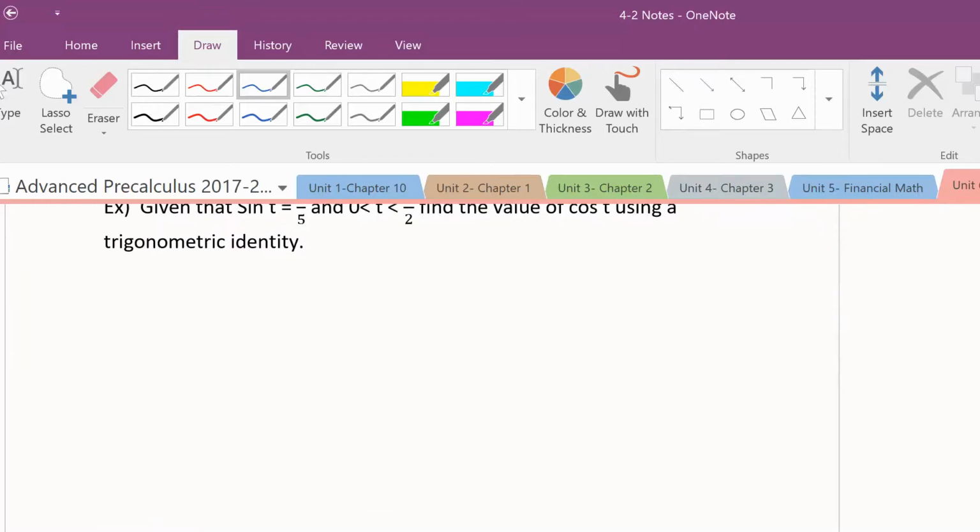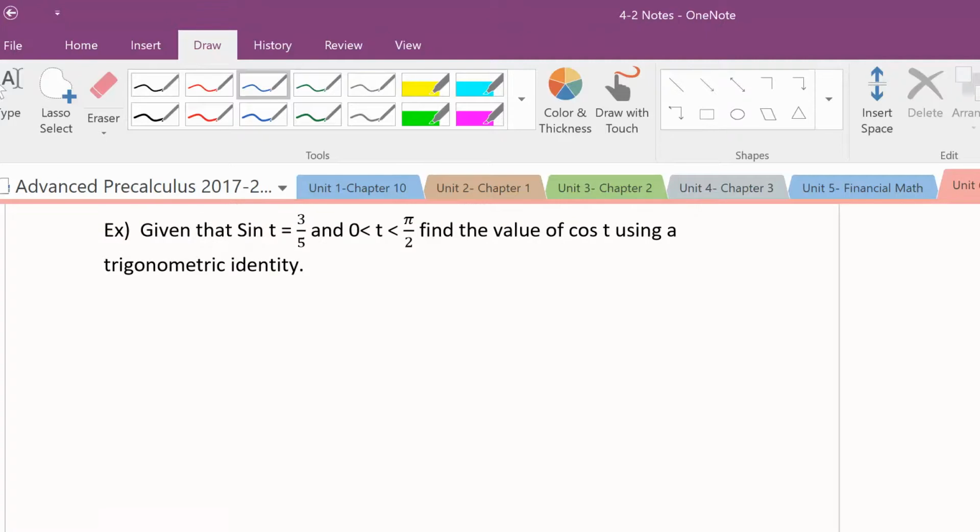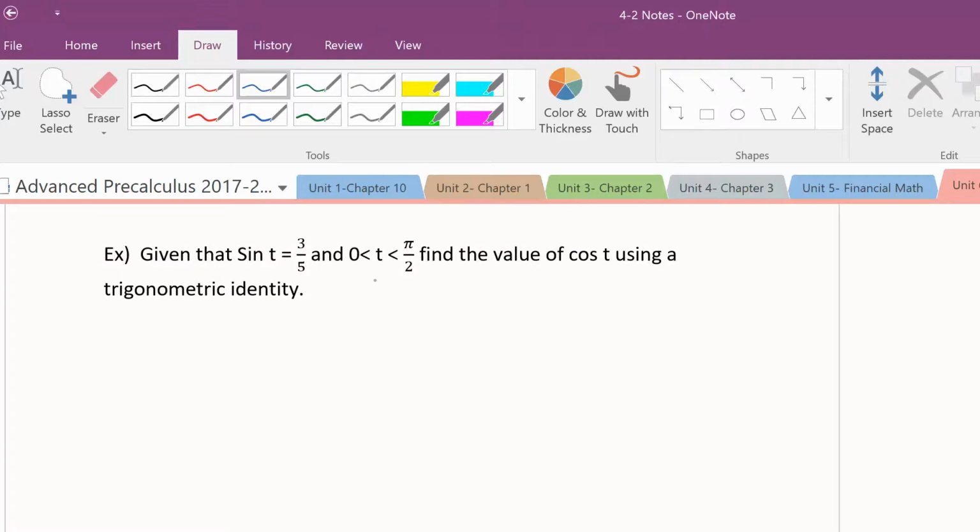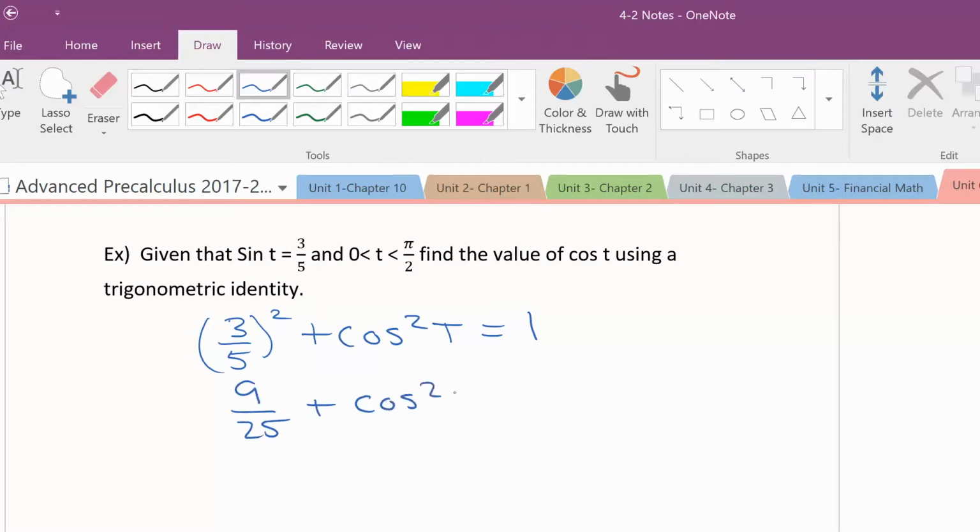This one, if you're given that the sine is 3/5 and you want to find the cosine, you're going to use that sine squared plus cosine squared is equal to 1, which means you have 9/25 plus cosine squared is equal to 1.